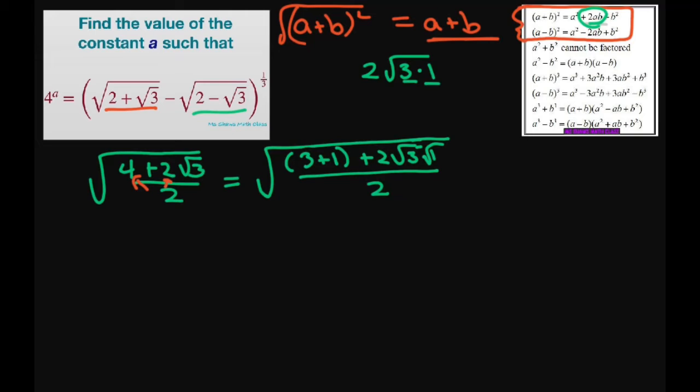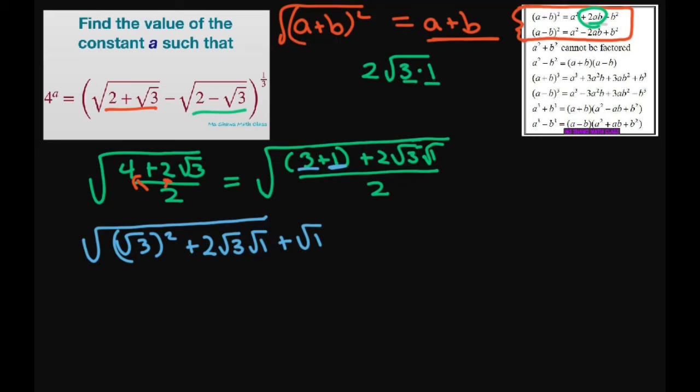Now, let's rearrange this. I'm going to put the 3 first. My 3 can be written as square root of 3 squared, because that equals 3. Then I'm going to put my plus 2ab, and my b is going to be 1. So that's going to be plus square root of 1 squared.